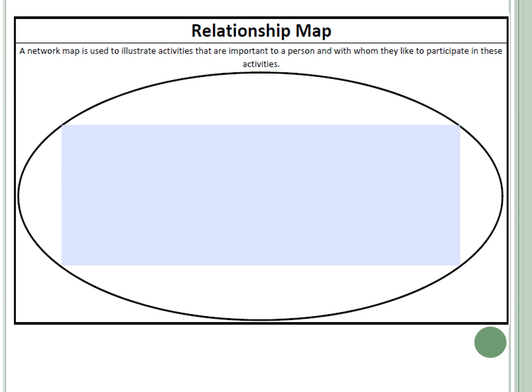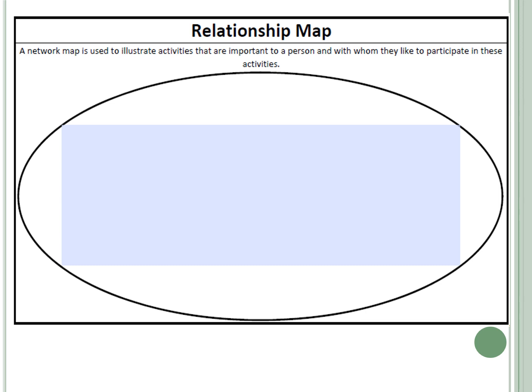And the next tool is the relationship map. And this map lists all of the important people in the individual's life, and it actually assigns that important person to the way that they help the person to participate in really important activities. So an example of that would be maybe a person's favorite line leader at the workshop, or a person's favorite friend at church who helps them volunteer at church.